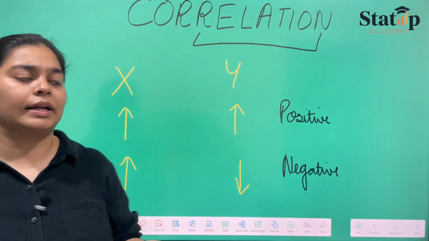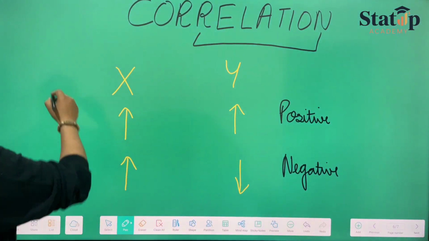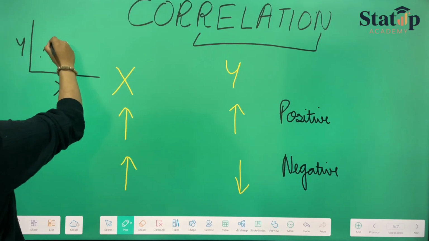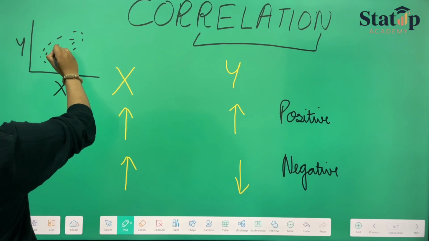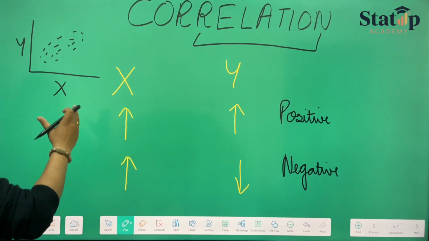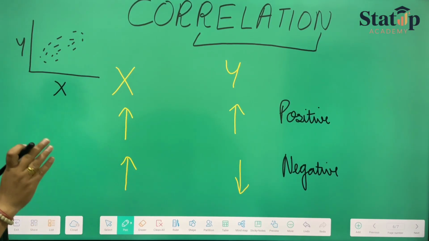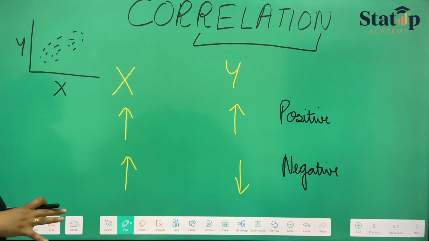We can also make graphs to show this. Suppose we have x and y, and the data is distributed like this. Here we can see that when x is increasing, y is also increasing, but not in a constant manner. It is increasing at large. So we can say it is a positive correlation but not a direct relation.